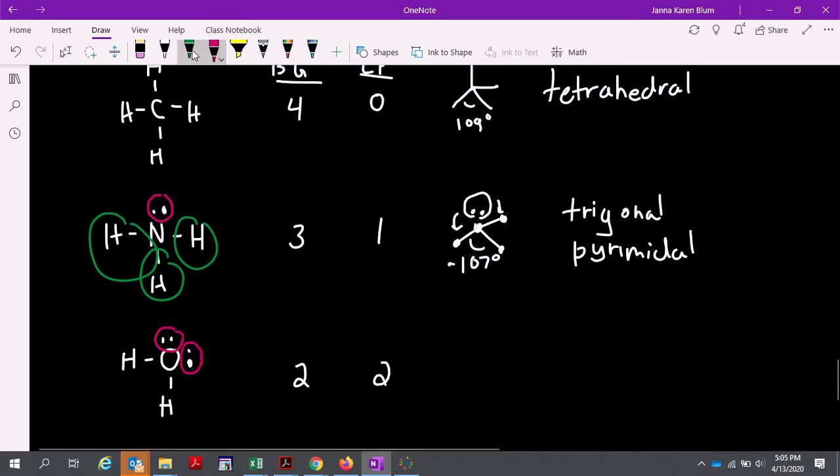And really, water is one of the most important compounds that we look at in this class. We talked about it in the What's Important About VSEPR video. The shape of water really dictates a lot of the properties that water has. And so I got my 2 bonding groups and my 2 lone pairs.